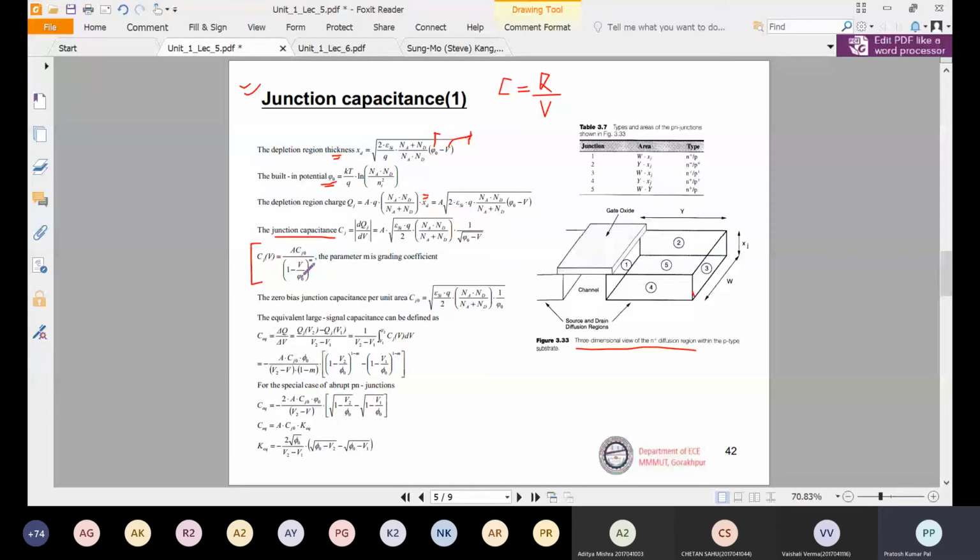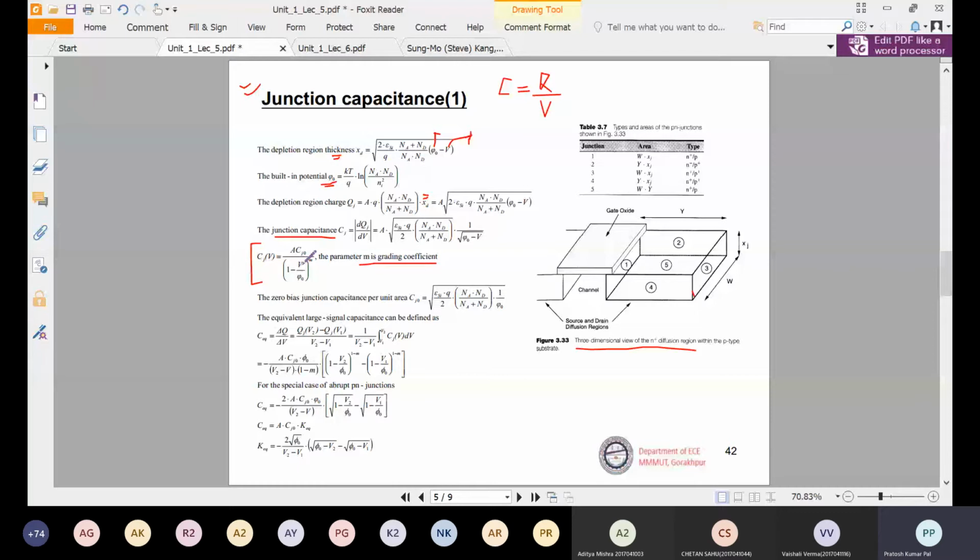The type of grading inside the material defines the power, for example step graded or other types of grading. Cj is related to area into Cj0, and Cj0 is the junction capacitance for zero applied voltage. If there is no voltage applied, that will be Cj0.